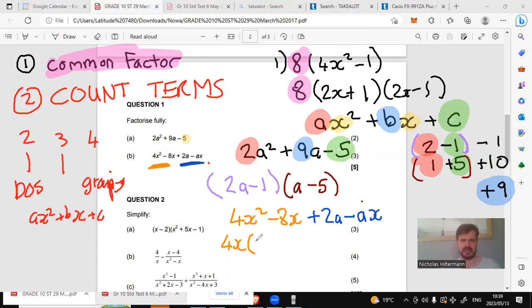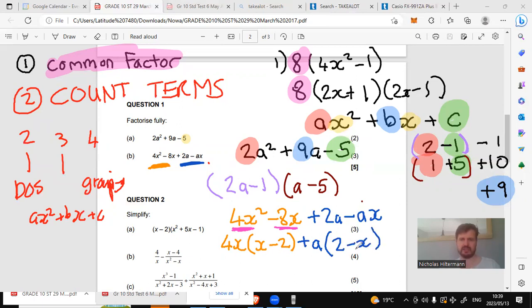And I'll be left with an x minus a 2. And so taking 4x out of each, I'm left with that times this back. And then here, I take out an a. There's an a in both of them, and I get 2 minus x.